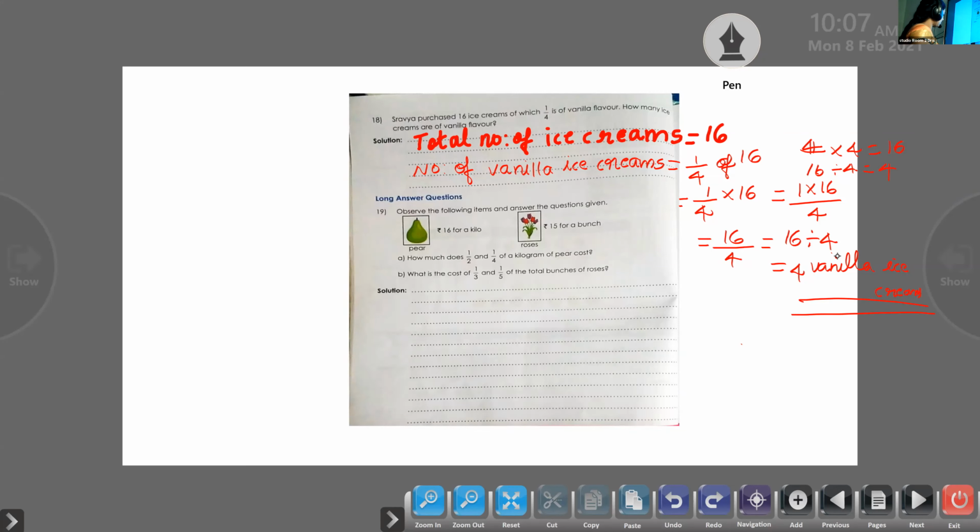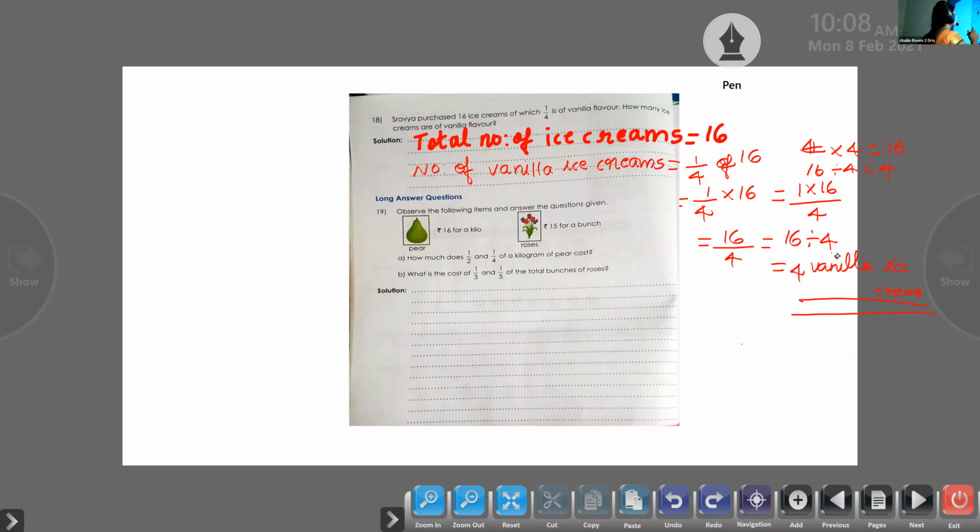So, my dear children, for 1 kilogram of pear, it is rupees 16. We have to find the cost of 1 by 2 kilogram, and after that, the cost of 1 by 4 kilogram of pear. So for that, what do we have to do? We have to find 1 by 2 of rupees 16, 1 by 4 of rupees 16. Yes. So, all of you write the step.